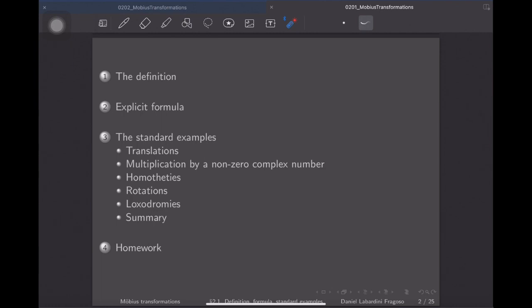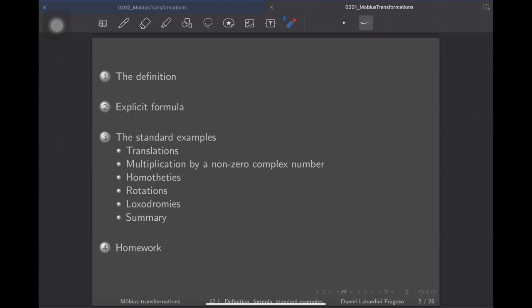This is precisely how the famous formula of Möbius appears: mu of z equals alpha z plus beta divided by gamma z plus delta. So passing to normal forms allows us to perform explicit computations.